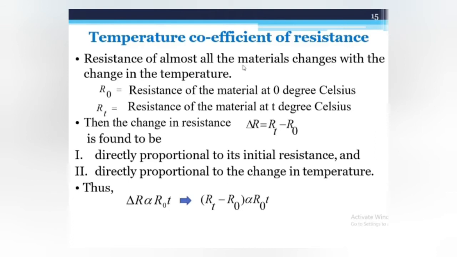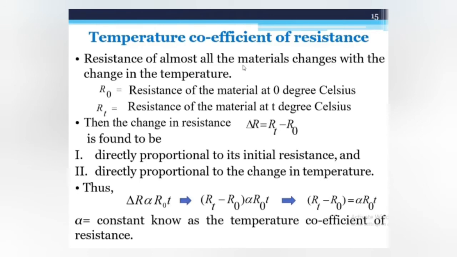If we remove the proportionality sign and put in a constant alpha 0, then our equation becomes RT minus R0 equal to alpha 0 R0 T, where alpha is the temperature coefficient.